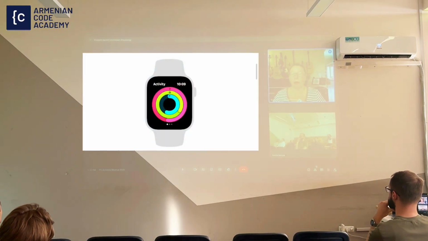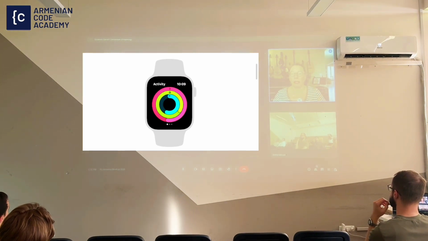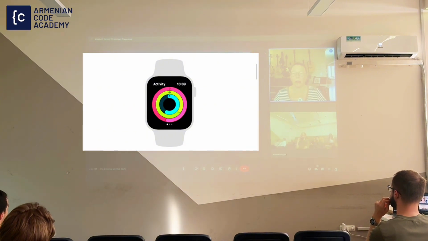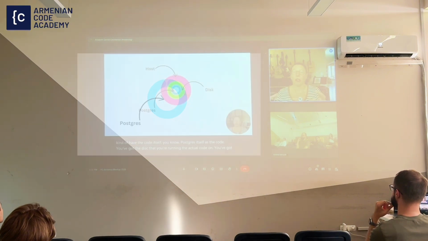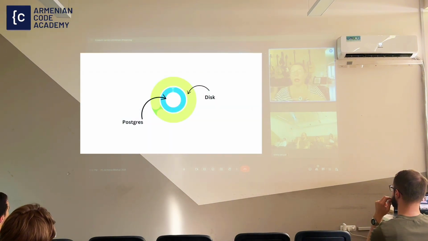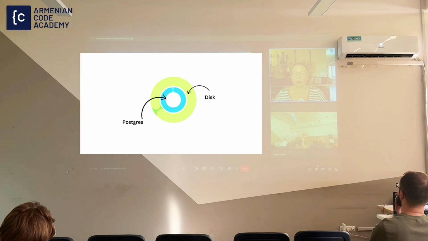And when I was thinking about Postgres security, I started thinking about it in the same idea of these rings. You have the code itself, Postgres itself has the code. You've got the disk that you're running the actual code on. You've got where you're hosting it, right? So you're either in the cloud or wherever you're putting your Postgres.